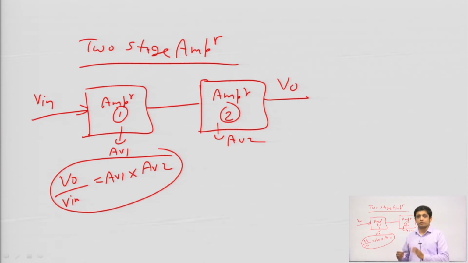Due to those poles and zeros, the circuit can become unstable. So, when we go for a multi-stage amplifier, we need to check the stability of the circuit, because in multiple stages the number of poles and zeros increases. It may happen that some zero or some pole comes in the right half plane. If that happens, your amplifier will not be stable, and if your amplifier is not stable, then what is the use of that amplifier? There is no use of such an amplifier if we are not getting a stable output.